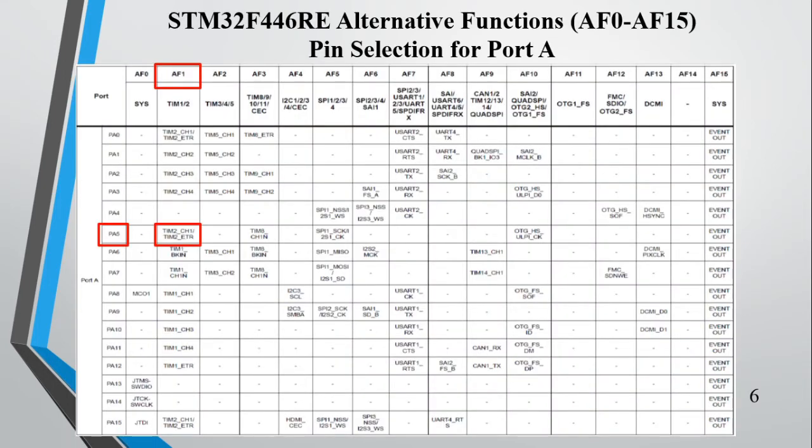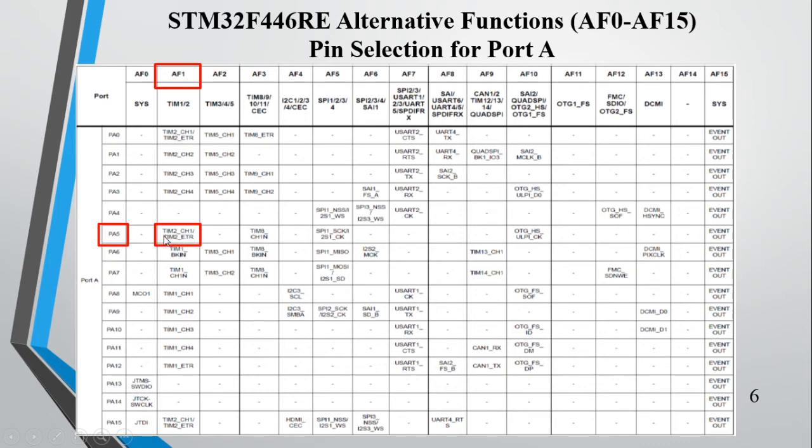And next, we need to find out which pin is mapped onto timer 2 channel 1. Because if we know the actual pin of timer 2 channel 1, then only we can identify where the output will be generated. So here in this table showing the alternate functions, we can see that PA5 alternate function 1 is nothing but timer 2 channel 1.